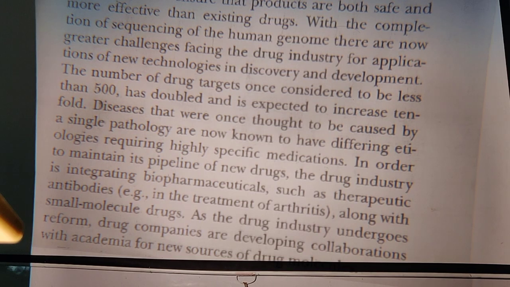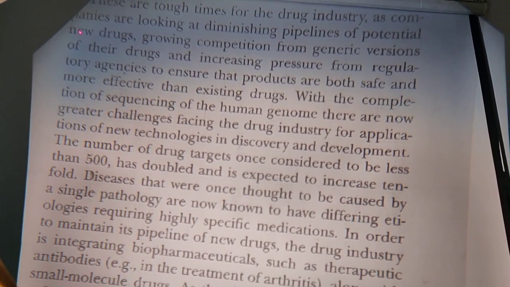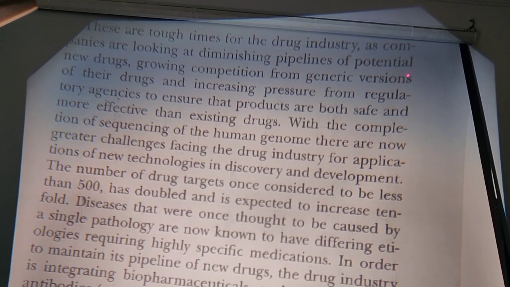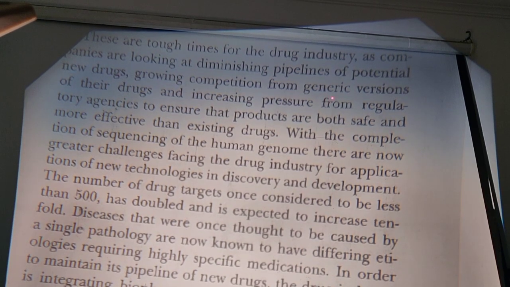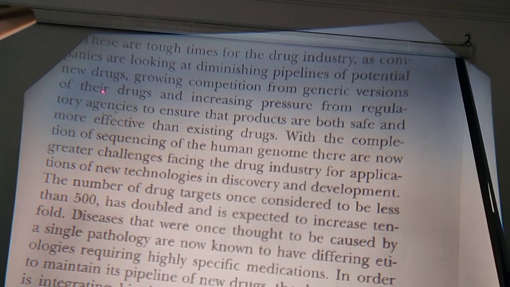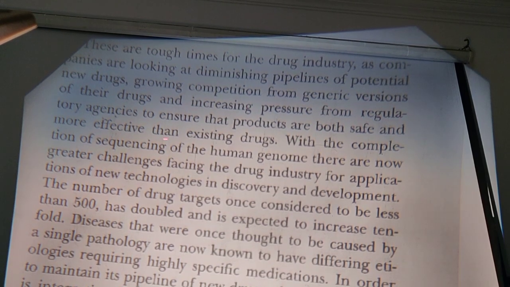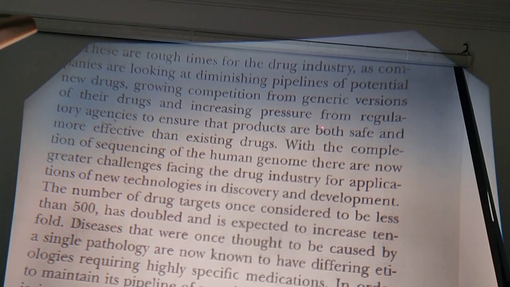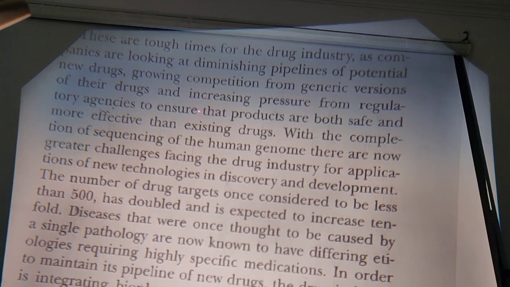These are tough times for the drug industry as companies are looking at a diminishing pipeline of potential new drugs, growing competition from generic variations of their drugs, and increasing pressure from regulatory agencies to ensure that products are both safe and more efficacious.